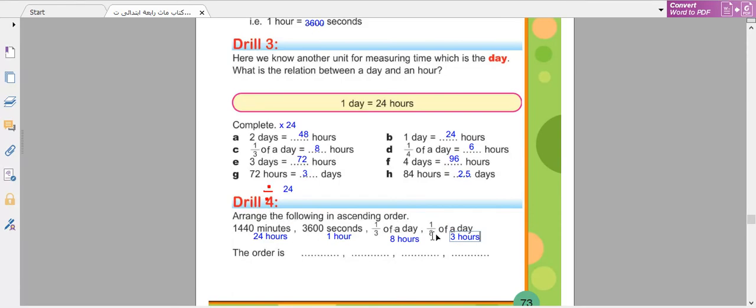We will number them to arrange. What's the first one? The smaller, in ascending order, so from smallest to greatest. The smallest one of them is that, so it's the first one. We will write 1 on it.